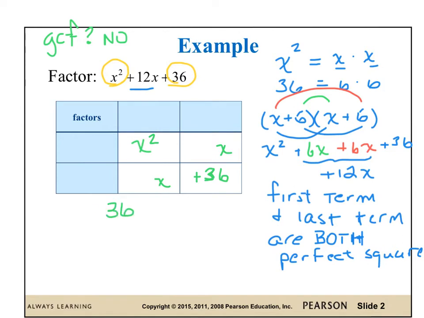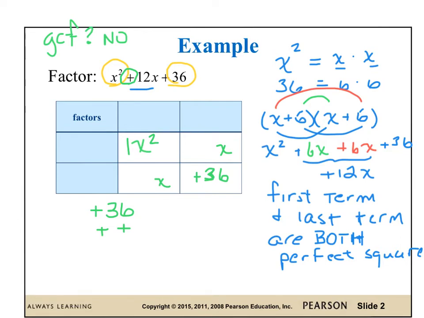And 36 is positive, and our middle term is positive, so that tells us both of the factors are going to be positive. And we know that it's 36 because this is 1x squared times 36, so it's 1 times 36.